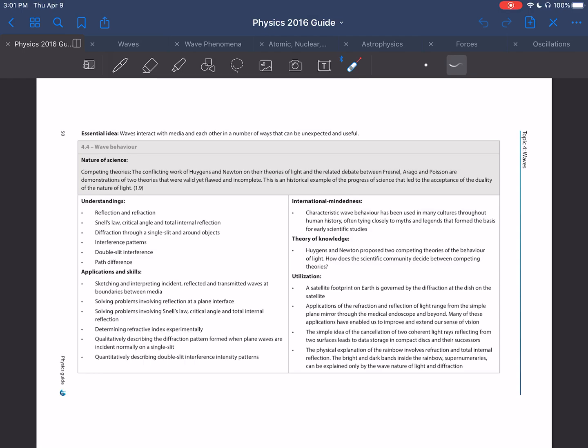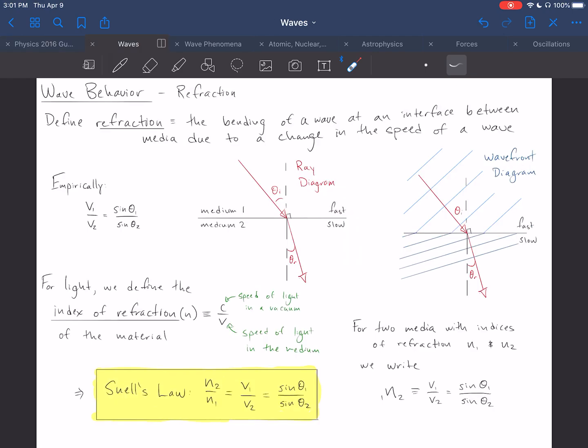Hello everyone. In this video, we will continue to examine topic 4.4, wave behavior, the phenomenon of refraction, and we will introduce the idea of Snell's law. So, as discussed before, refraction occurs when a wave transitions in media, going from a fast medium to a slow medium or vice versa.